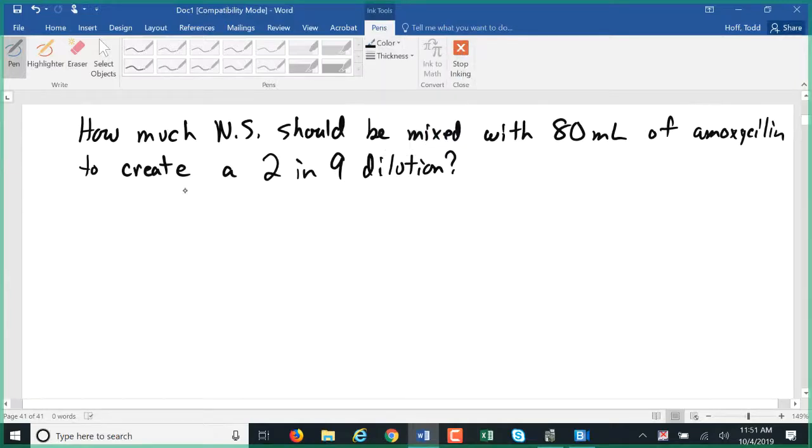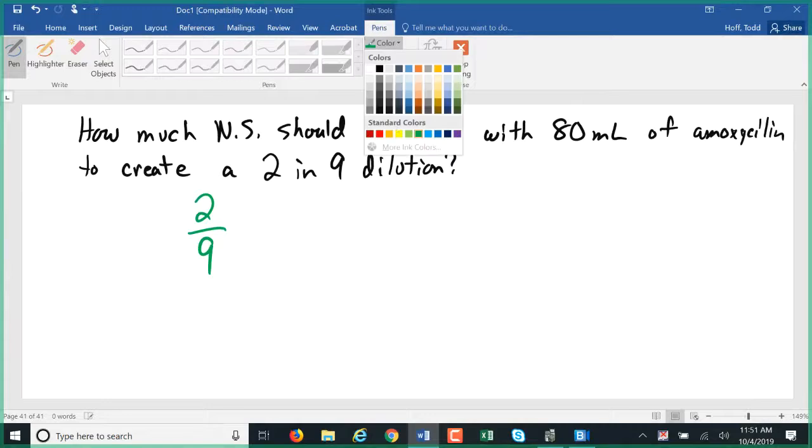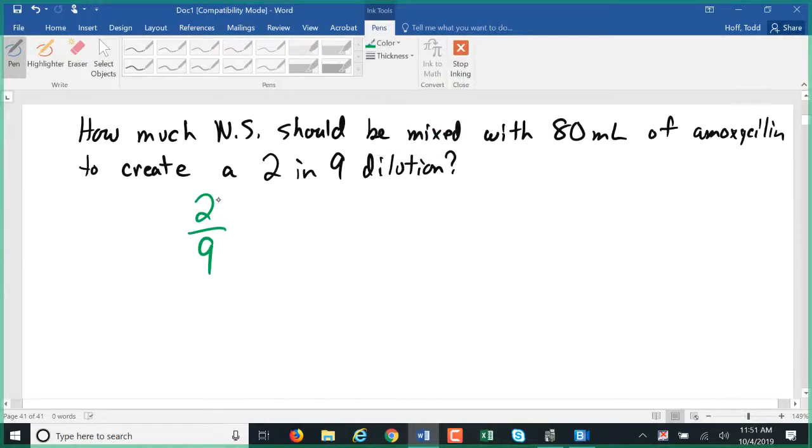So again, the dilution is 2 in 9. 2 represents serum. In this case, that's the amoxicillin. 9 is the total solution.